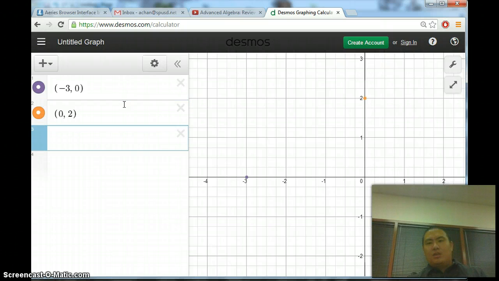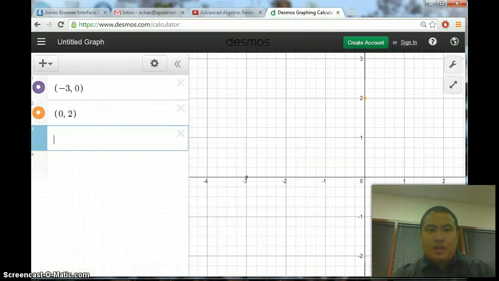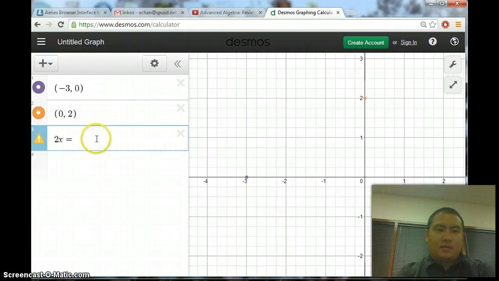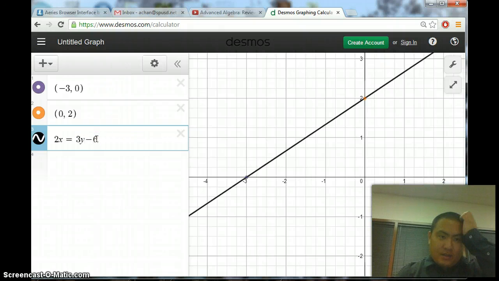Alright, now I'm just going to go ahead and type the line to make sure that this is correct. So these two points create a line, and that line was 2x is equal to 3y minus 6. Yeah, so that works.